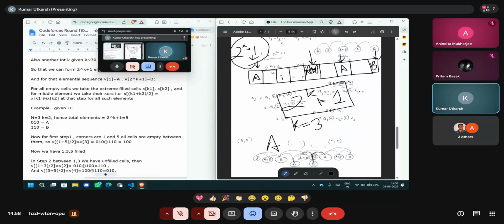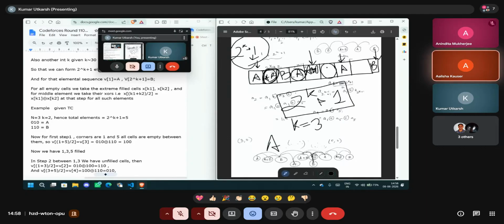We get B. So Preetham, tell me, what will be the value of this cell? A XOR B, right? And for this, it will be A, right? And Alisha, tell me for this, what will be the XOR? It will be B. Right.